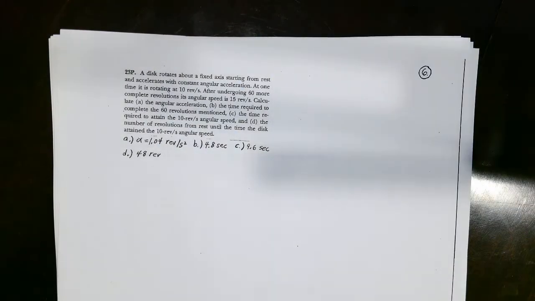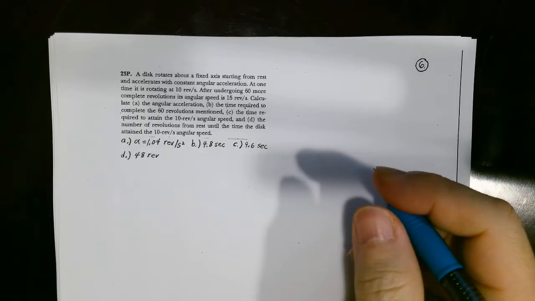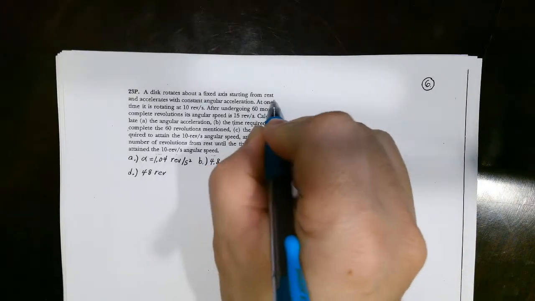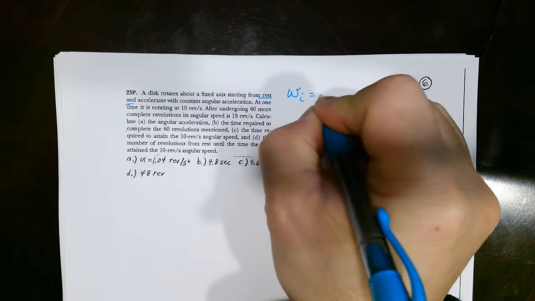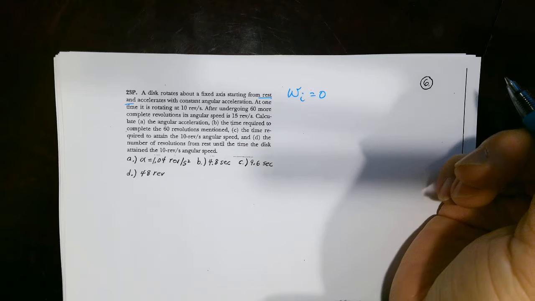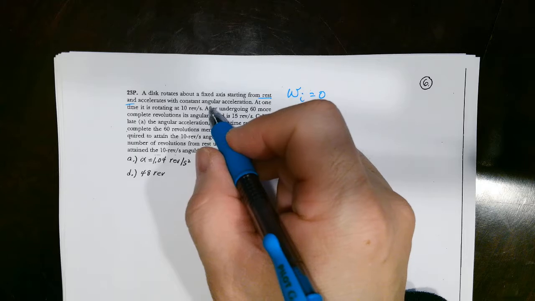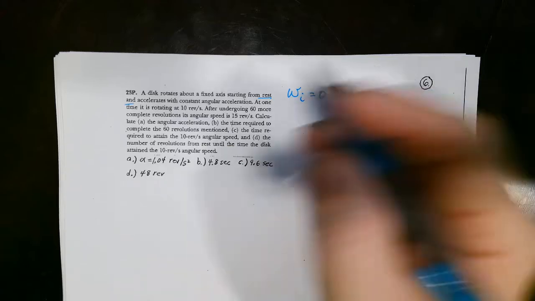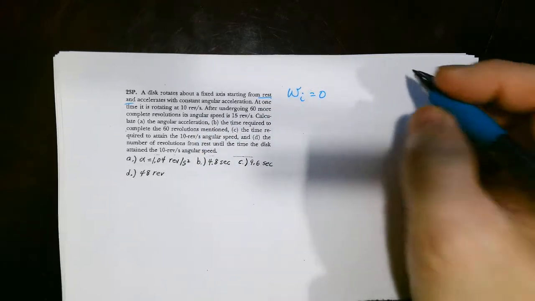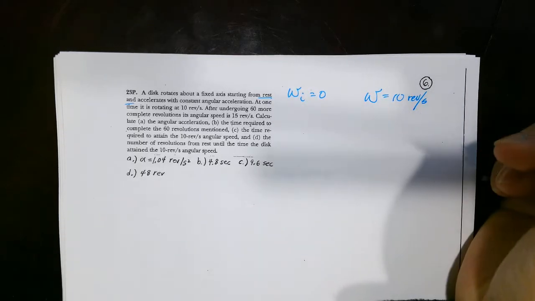We have a disk rotating about a fixed axis starting from rest, which means my omega initial is equal to 0, with constant angular acceleration. So we can use constant angular acceleration equations. At one time, it is rotating at 10 revolutions per second.